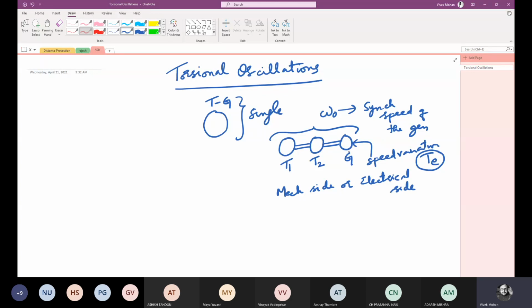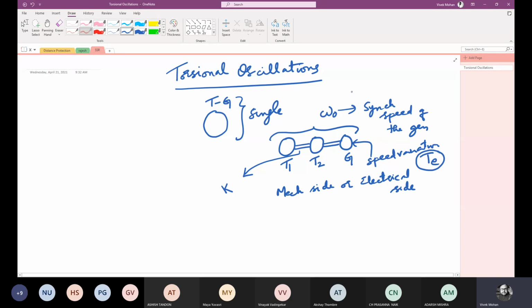So this will disturb the system. The stiffness constant of the shaft, this K is the stiffness constant of the shaft. If it is not infinity, that means this is prone to twisting, right? So these shafts are prone to twisting, and there may be small variations between the speeds of each of these masses.